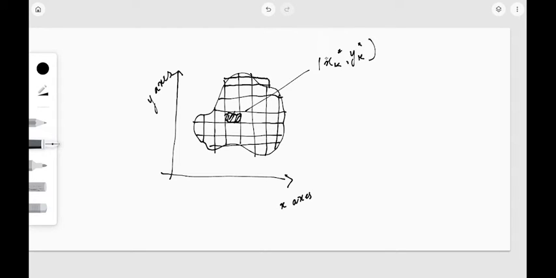We will form f of xk star, yk star, and this region will have the area delta Ak, and we will form the summation, and that is how we interpret the concept of double integral.